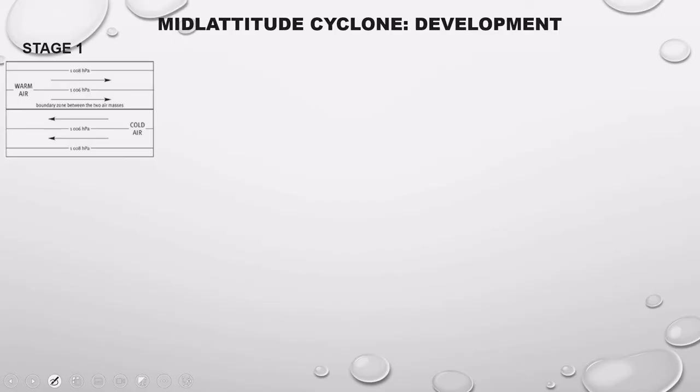I often like to refer to this stage as the cyclogenesis stage. Remember, cyclone, referring to a low pressure in the southern hemisphere that has got a clockwise circulation. Genesis, you can refer that to the Bible, where it relates to the creation, the beginning of, or the start of.